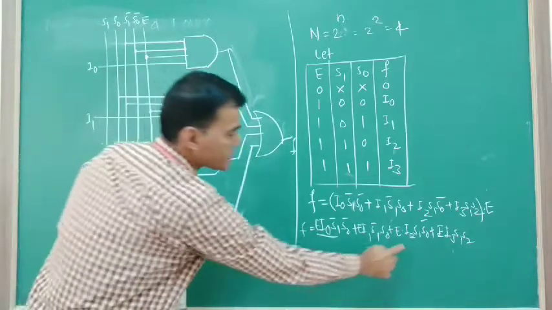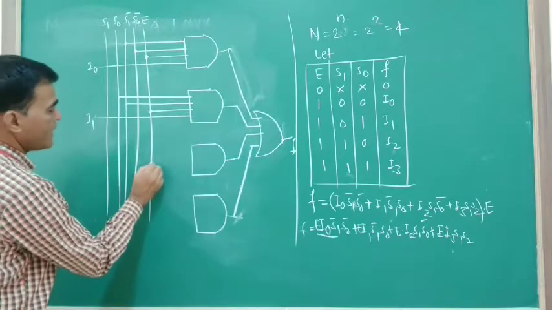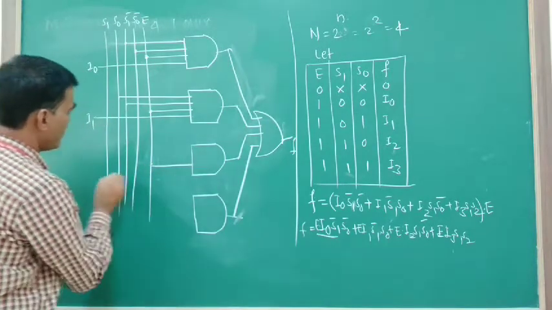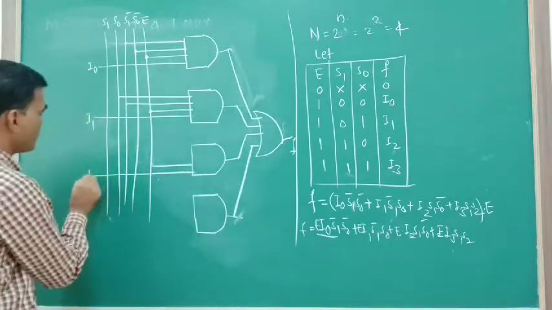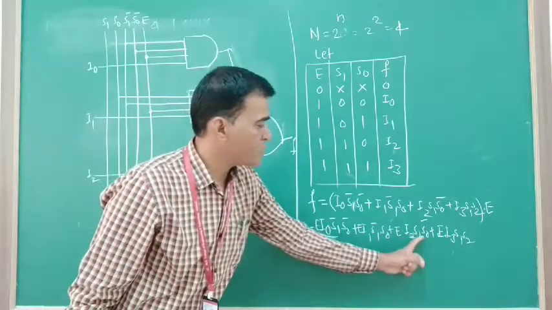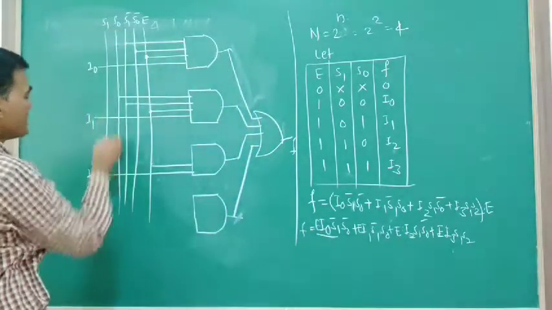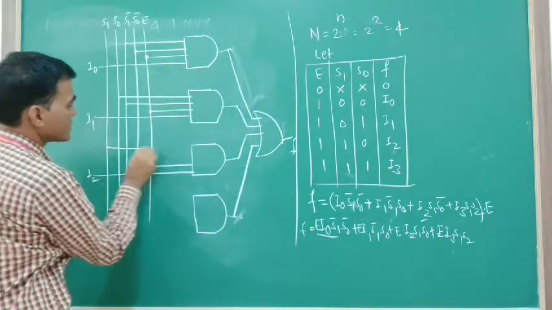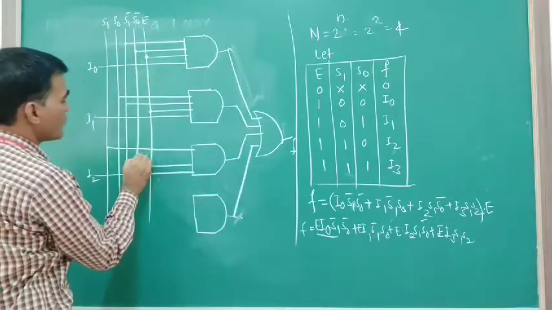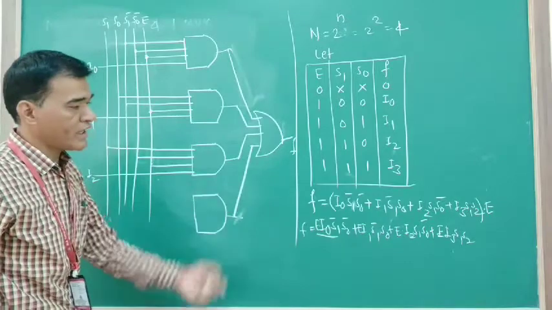Next we have E I2. So this is the enable input, another input is I2, then S1 and S0 complement. So I will get an S1 somewhere here. These are the inputs to this third.